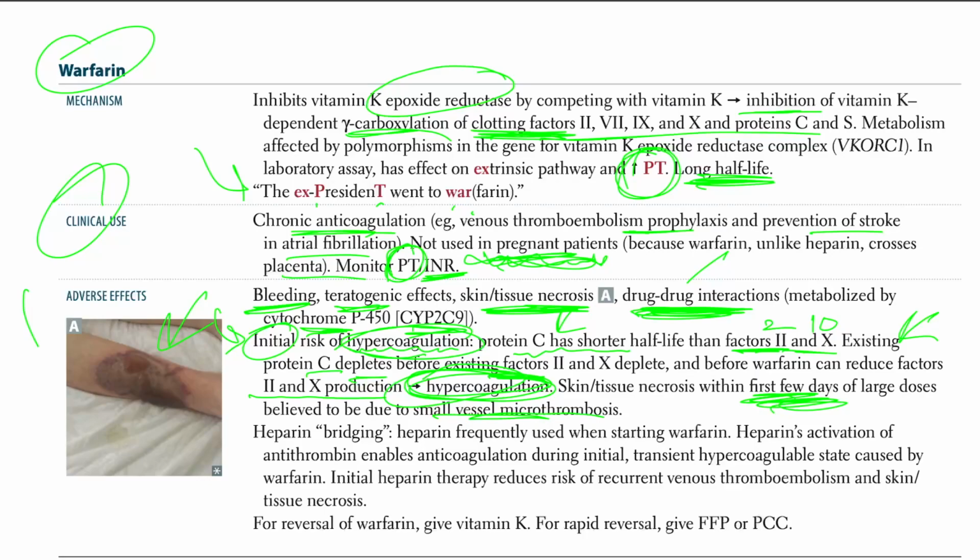Okay, heparin bridging. Heparin is frequently used when starting warfarin. Heparin's activation of antithrombin enables anticoagulation during the initial transient hypercoagulable state caused by warfarin. First thing, as I mentioned, warfarin has a delayed mechanism, right?